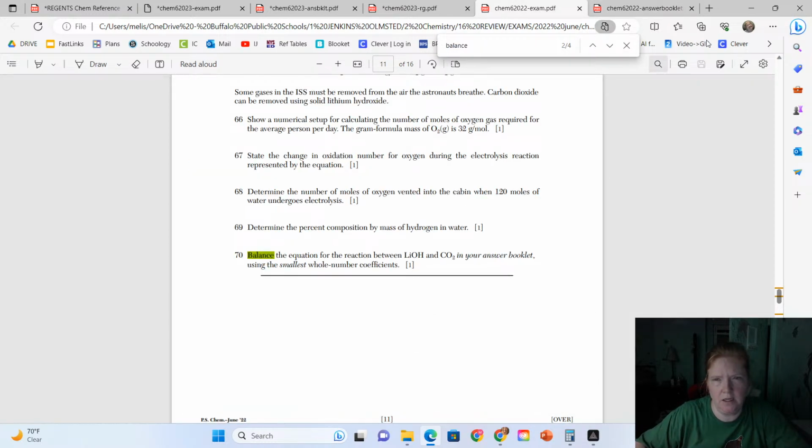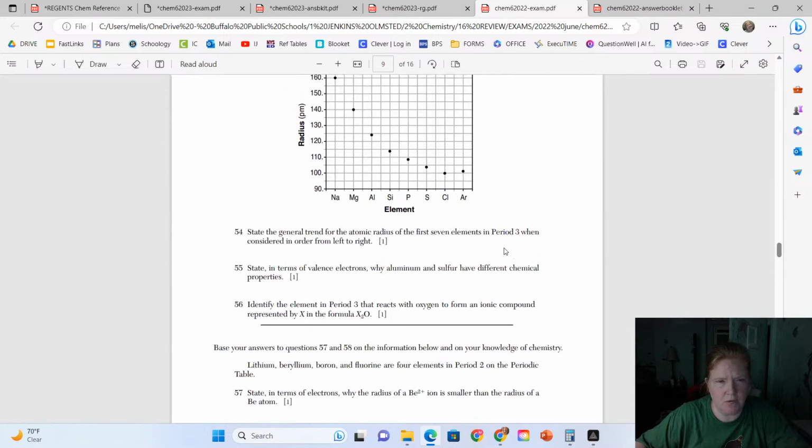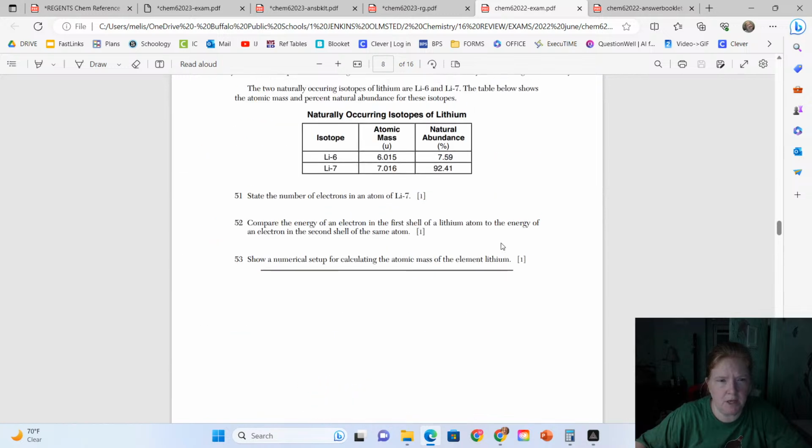So if I look at this exam, this was last June's exam, okay? First, state the number of electrons. That's literally what is the atomic number, right? They ask this question all the time.